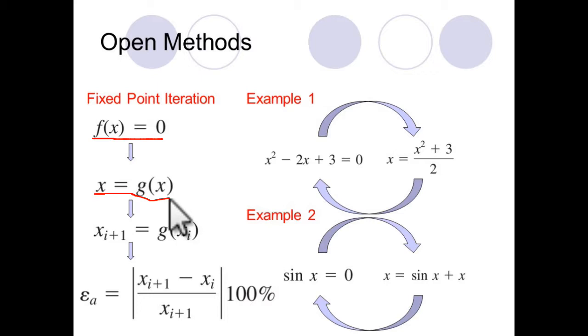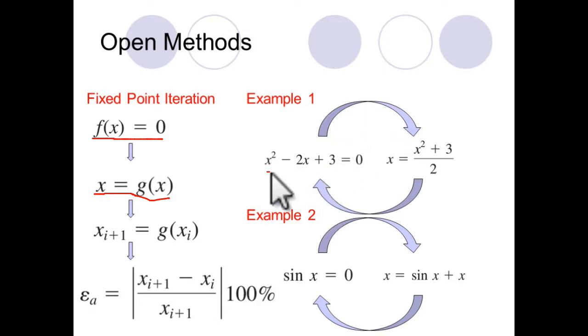As a result, in each iteration we arrive at a new value of x, because we want to determine the location of the root, and then we calculate the relative approximate error: x i plus 1 minus x i divided by x i plus 1 multiplied by 100. So let's see the examples.